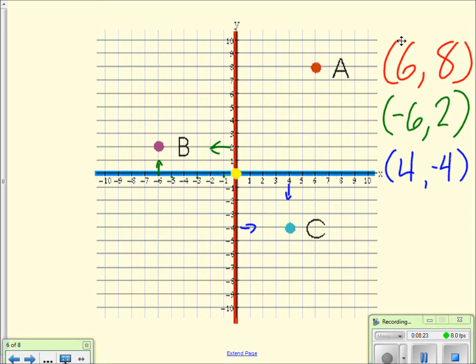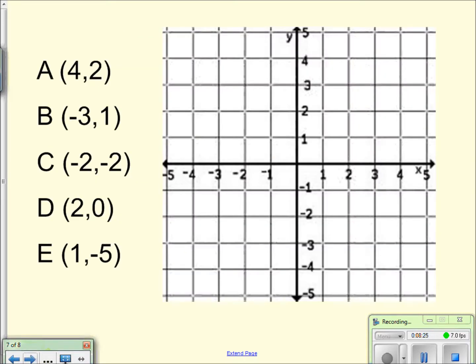Now, besides being able to identify numbers, we also want to be able to put numbers into the coordinate plane, be able to graph the numbers. So here we have some letters with ordered pairs, and we're going to graph those in our coordinate plane. So we see point A, it's at 4, 2.